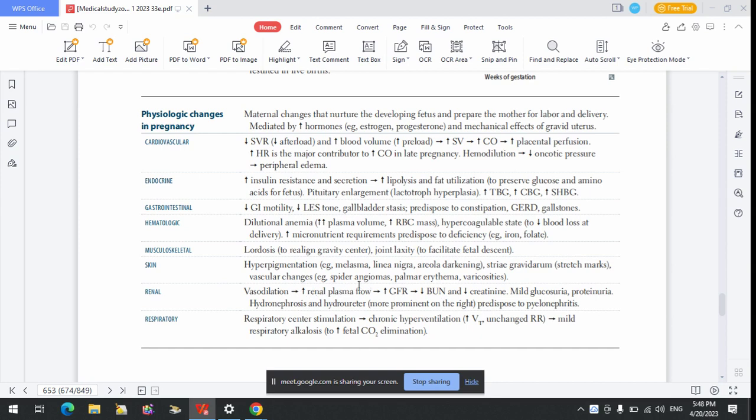You see spider-like dilatation of the vessels, like telangiectasias, then erythema, redness of the palm. These two findings are what you find in CLD. You remember? The same pathophysiology is accumulation of estrogen that is not being cleared by the liver. That's why they have palmar erythema and spider angioma. So estrogen accumulating in pregnant people is what is responsible for spider angiomas and palmar erythema.